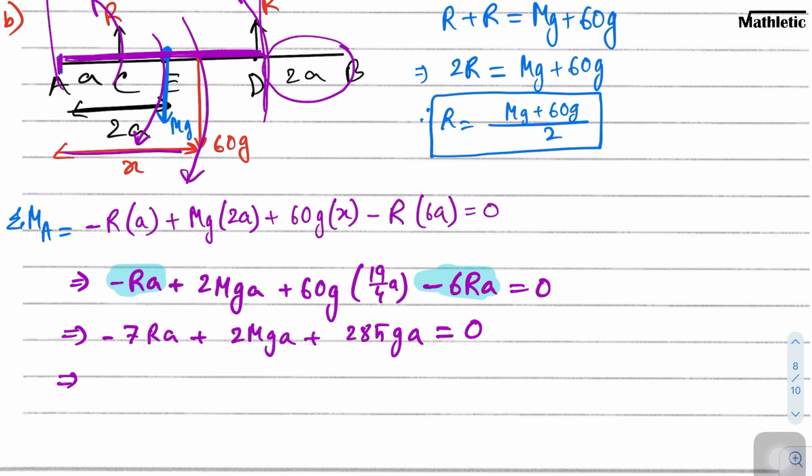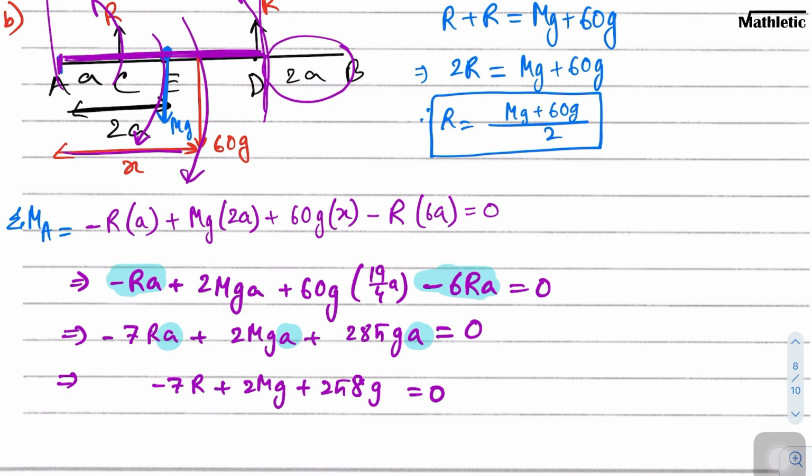We can factorize and take a out of this equation, and then shift a to the right side, and it becomes 0. So we can take this a like this: minus 7R, 2mg, 285g equals 0, and then you just shift this a to the right side, so it becomes 0.